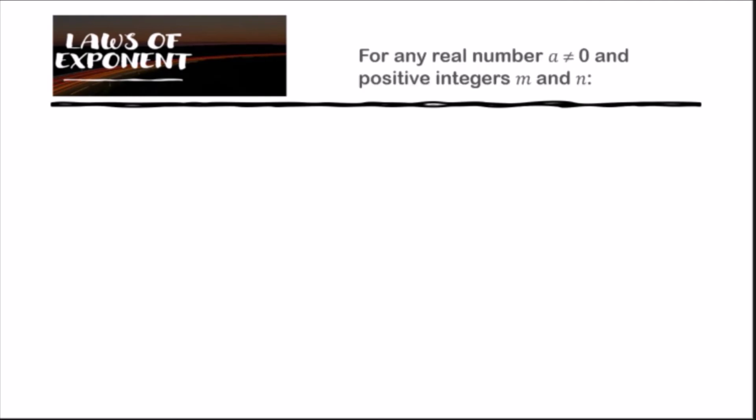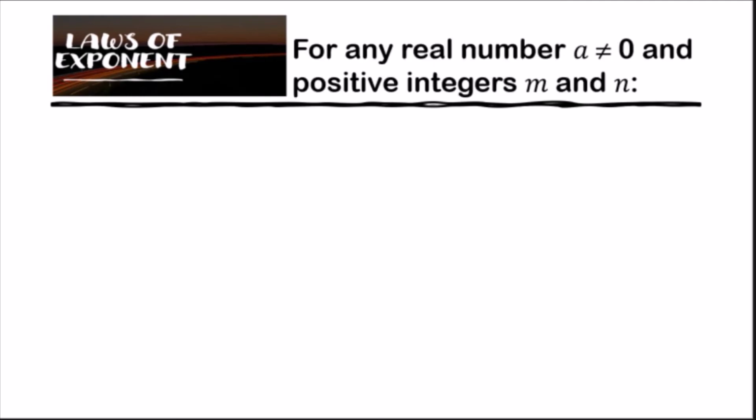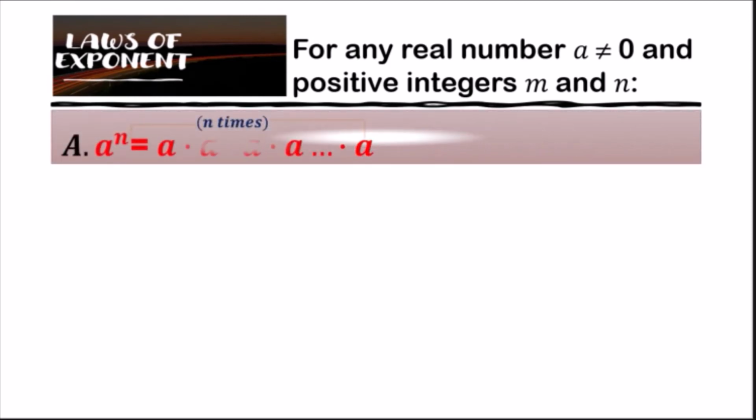Let us summarize the laws of exponent. For any real number a not equal to 0 and positive integers m and n, the first law states that a raised to n is equal to a times a times a, n times, in which the exponent tells you how many times you are going to multiply the base.